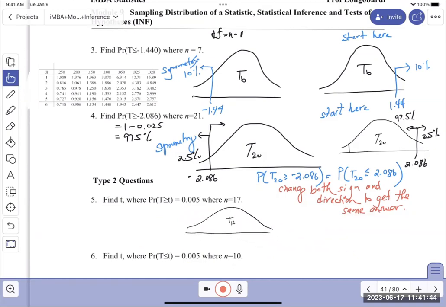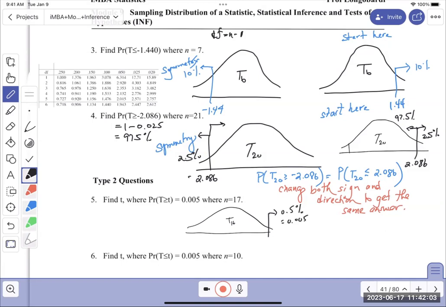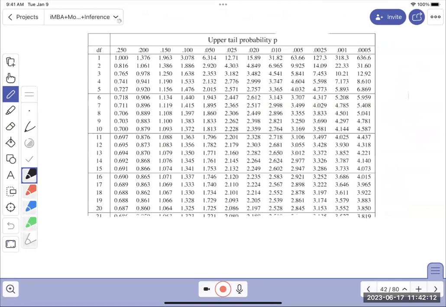All right, so for T16, you want to find the critical value with 0.5%, or 0.005, on the right side. You want to find T. Now this is actually easy. Let's look at the table here, 16.